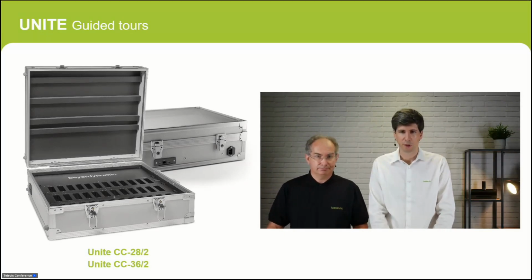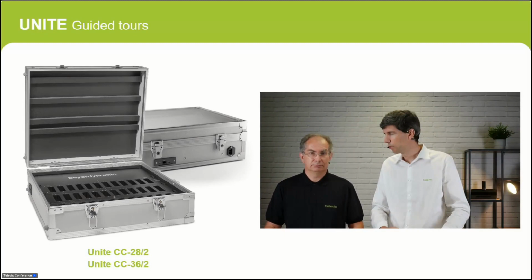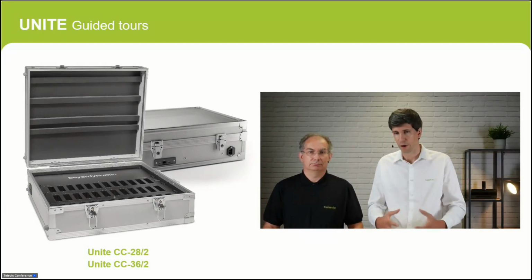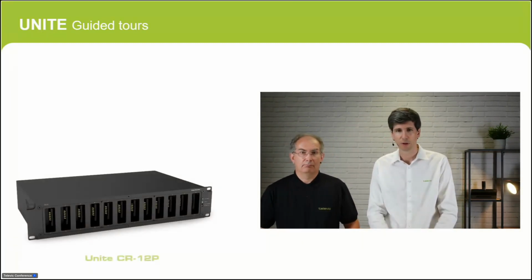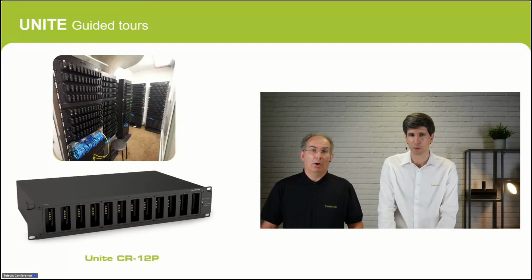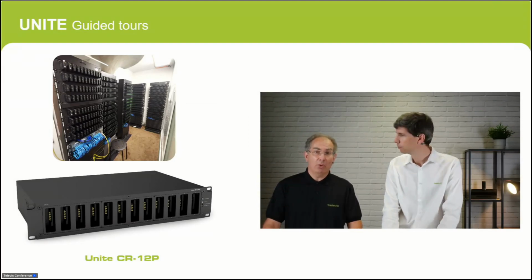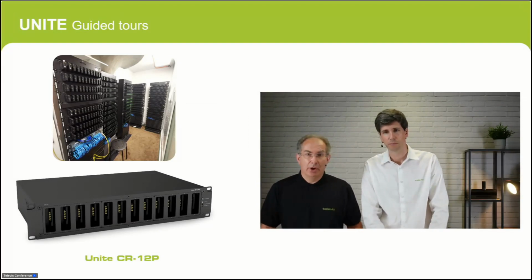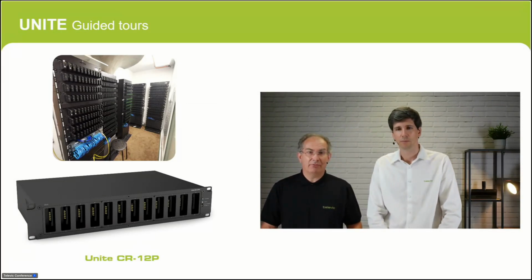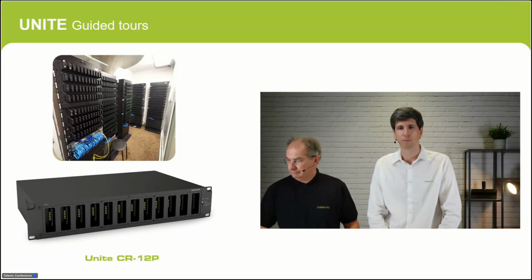So is it possible to transport Unite in a rack, for example, for a rental company or for company tours? With Unite CR12P, you can charge 12 pockets at the same time. It's also manageable with Unite Manager software. You can, at the same time, manage a very big installation. Okay.